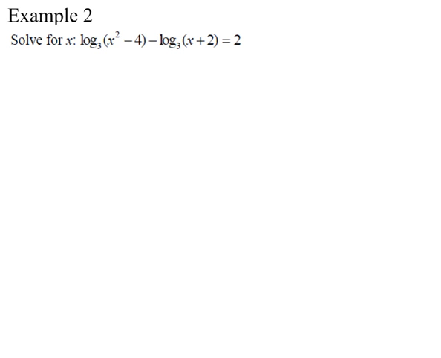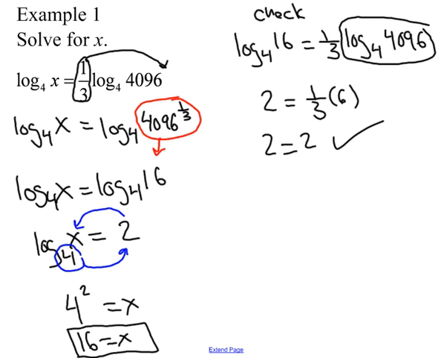Okay, let's look at our second example. So again, our ultimate goal is to rewrite this as an exponential equation, the way we did in our first example, when we rewrote it as an exponential.